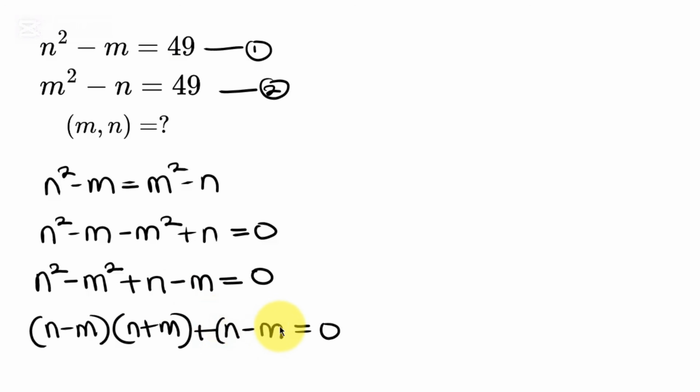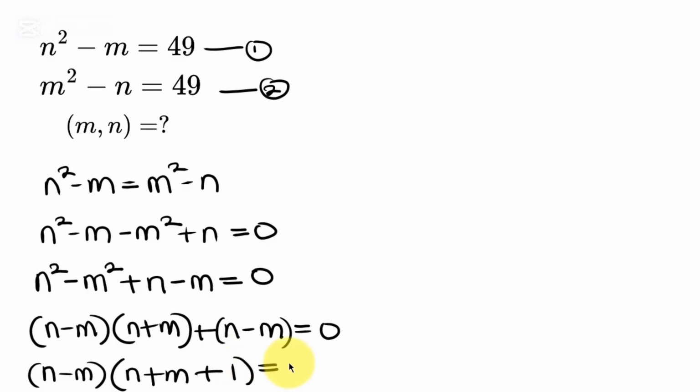Well, we can also put this inside of a bracket if we want. Now notice once again that n minus m is common. And because of that, we can factorize. So let's factor out n minus m inside of a bracket. Now open a bracket. Now this divided by this, we have n plus m, plus, now this divided by this, we have 1.